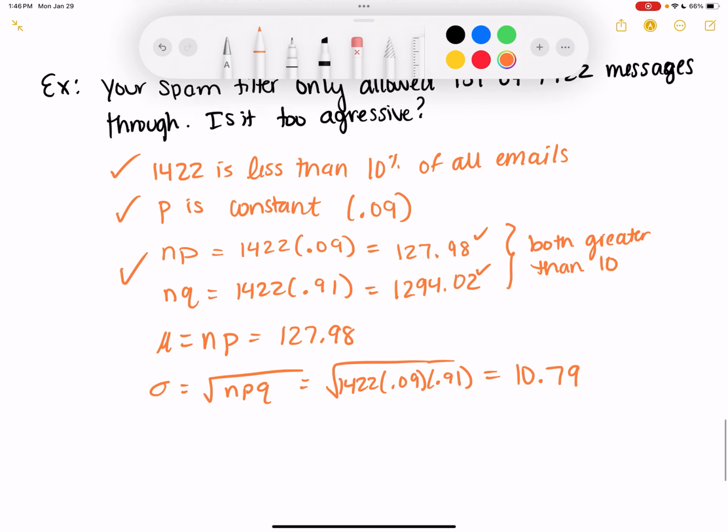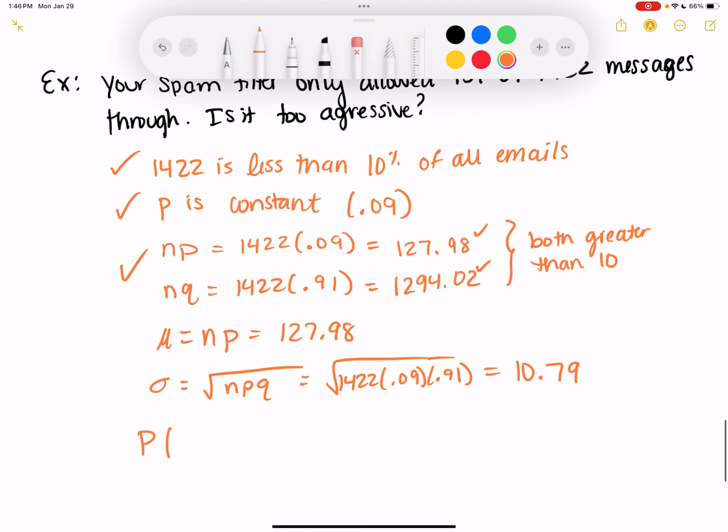So now I'm looking at the probability of x being less than or equal to 151. So this is P of z less than or equal to the z-score of 151 minus the mean, 127.98, divided by the standard deviation, 10.79.